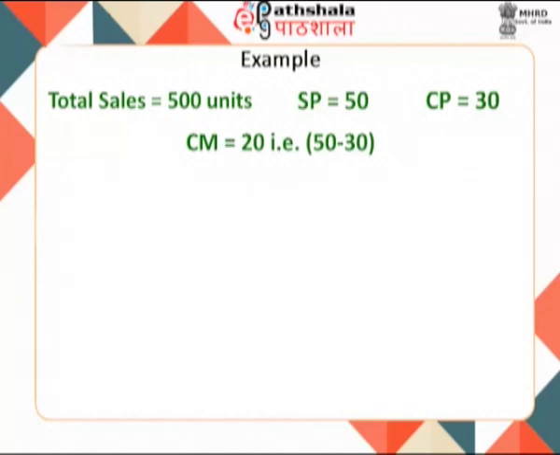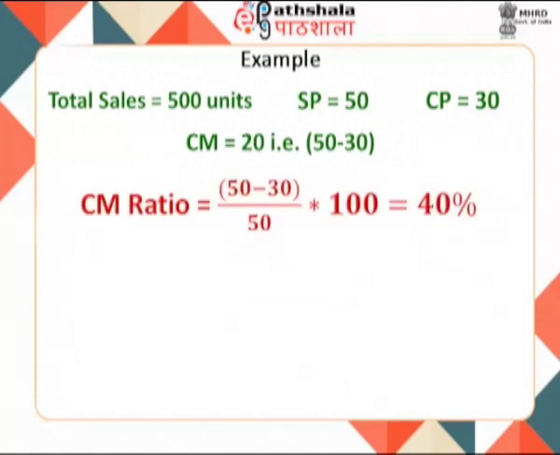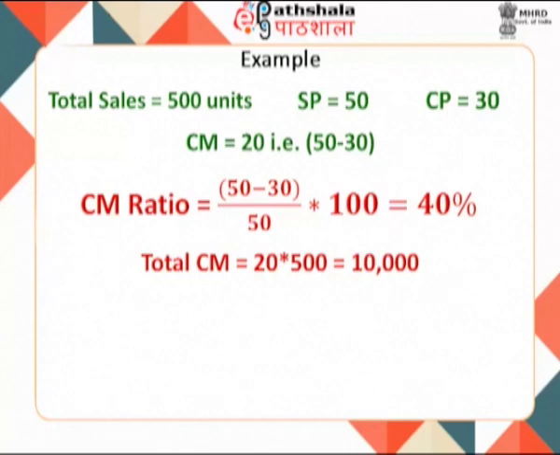Here, the contribution margin ratio, also known as CS ratio, will be computed as contribution margin ratio is equal to 50 minus 30 divided by 50, which is selling price, multiplied by 100, which comes out to be 40%, and total contribution margin is equal to rupees 20 multiplied by 500, which is equal to rupees 10,000.